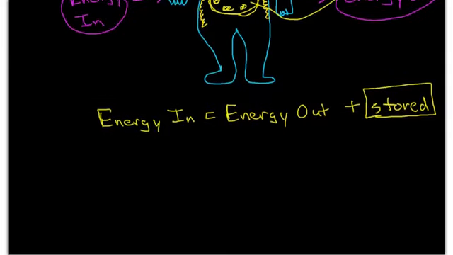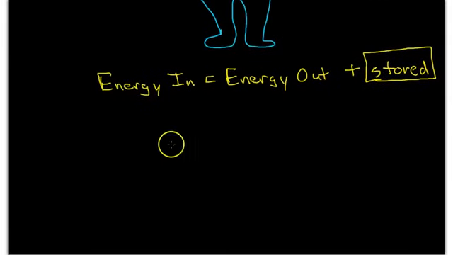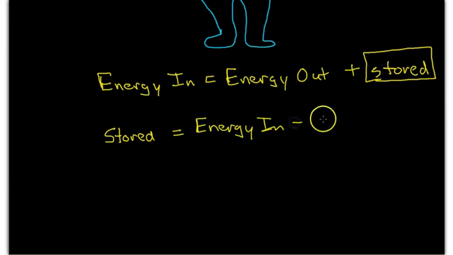So we're really interested in what's being stored in the adipose tissue. I'm going to manipulate this formula, and we end up with energy stored equals energy in minus energy out.